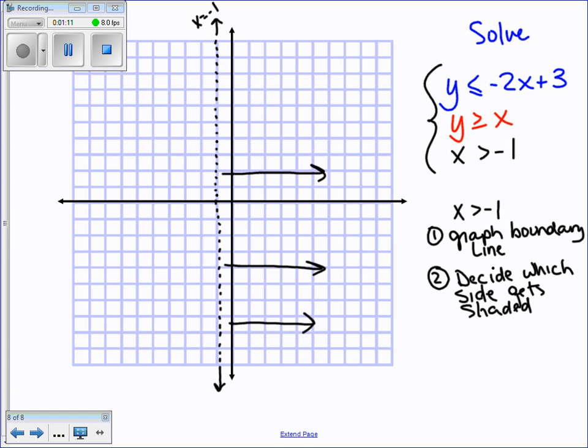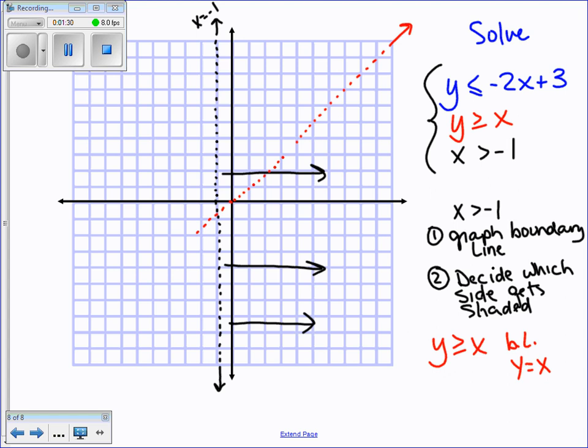Okay, I'm also supposed to be graphing y is greater than or equal to x. So the boundary line there is going to be y equals x, which is this line right here.